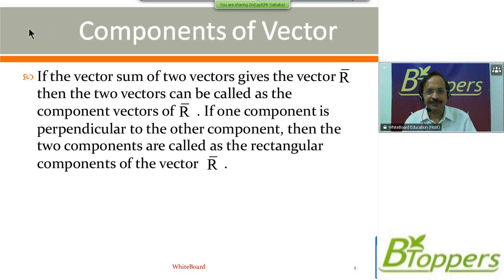If the vector sum of two vectors gives the vector R bar, then the two vectors can be called as the component vectors of R bar. If one component is perpendicular to the other component, then the two components are called as the rectangular components of the vector R bar.